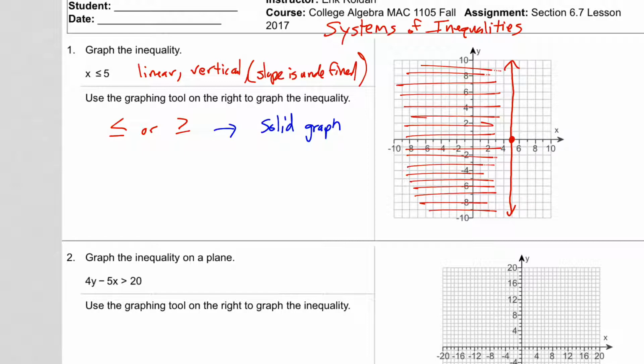So let's take a look at a couple more things here just to keep in mind. If it doesn't have the equal sign, then that's going to be a dashed graph. So this one's solid, for example, where this one is dashed. And then usually less than is going to be the shade below.